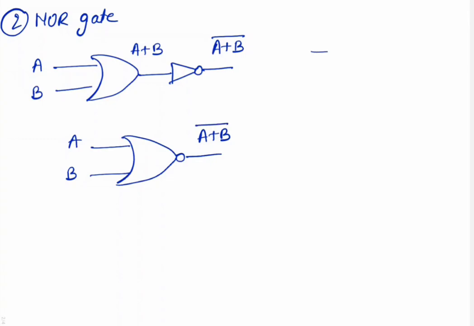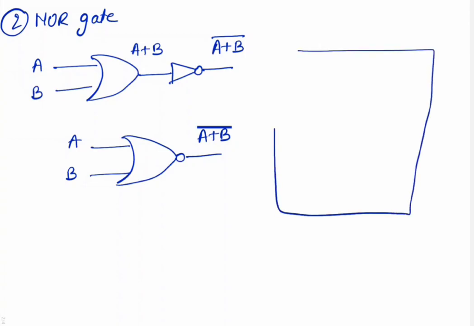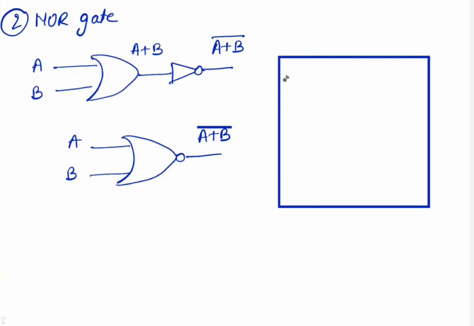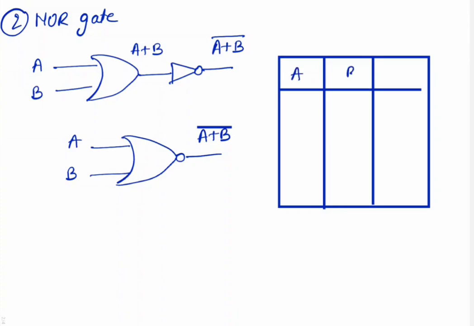Now let's draw the truth table. The truth table would be A, B, A plus B the whole bar.